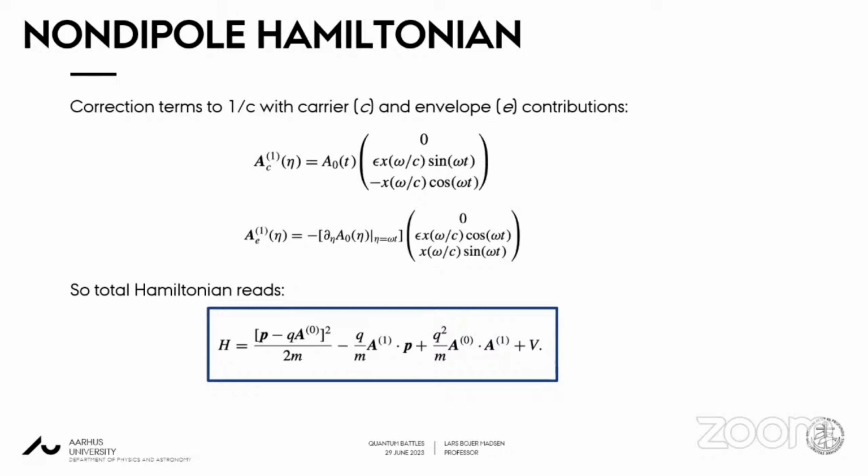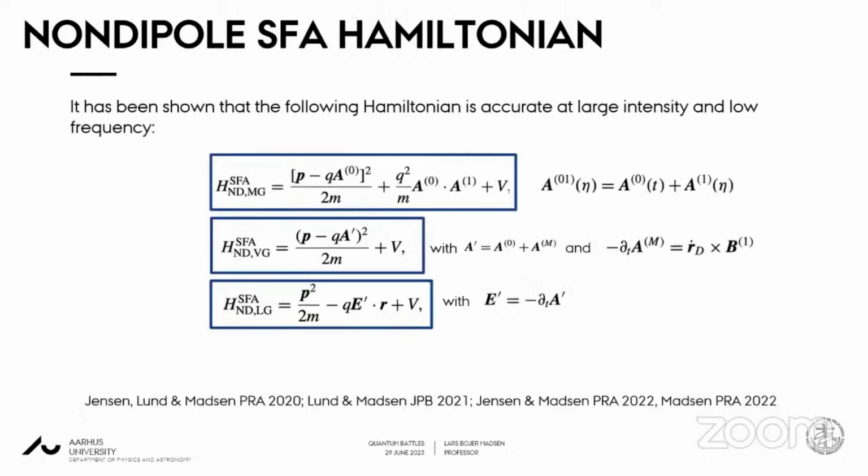So this leads to the non-dipole strong field approximation, which is given here. And it has been shown by us in a series of papers that this one is accurate. Now the great thing is that this is in P and this is in X. So therefore you no longer have this annoying issue with mixing X and P operators, which we don't like when we do theory.